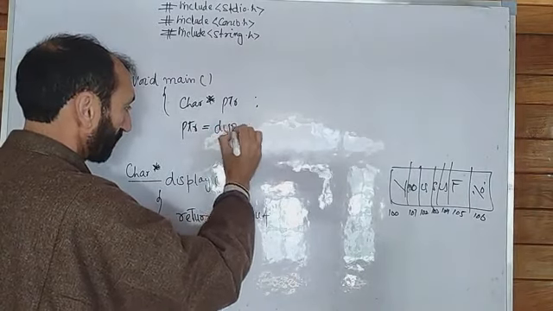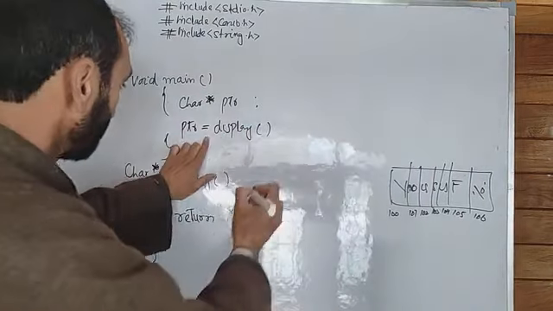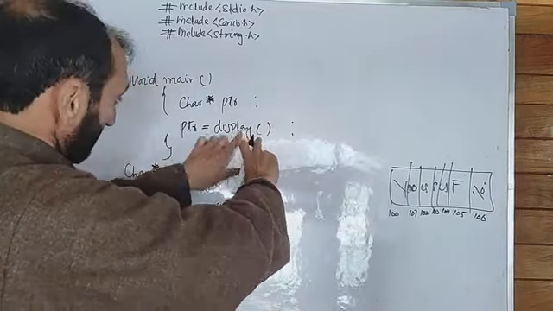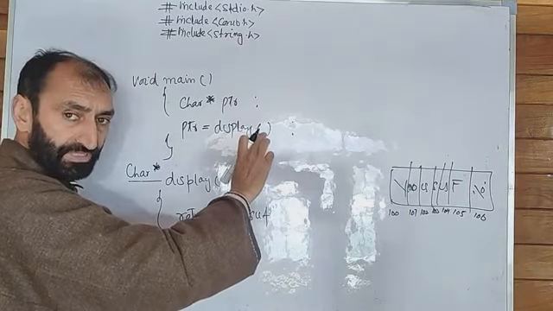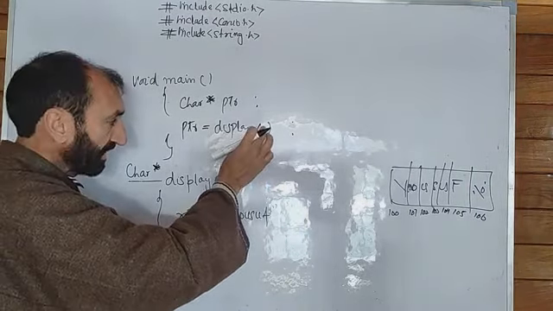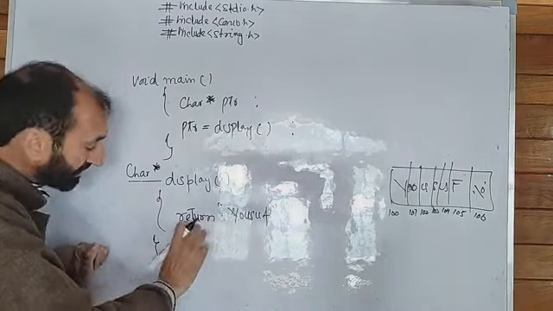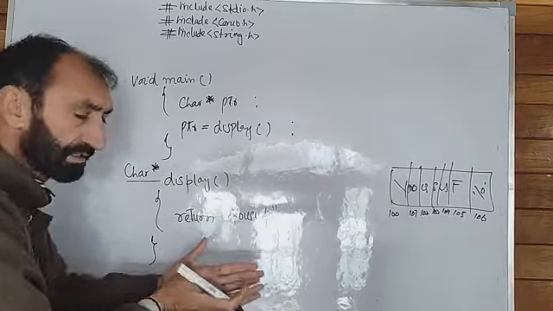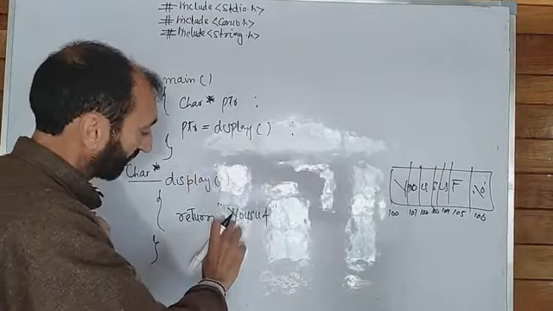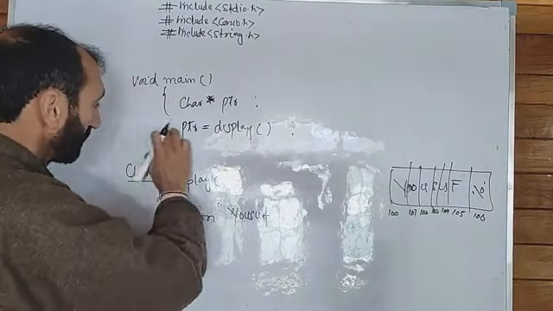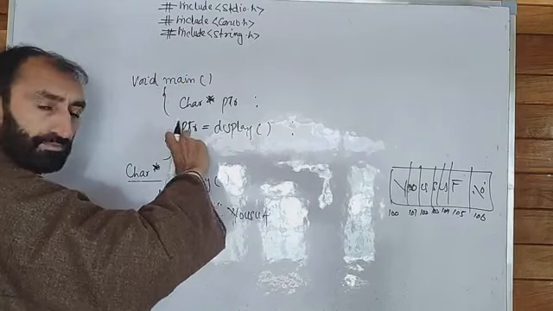And here we are going to call the display function. The display function is called with no arguments. We do not pass any argument, but the function returns the address of the first byte, that is 100, to the main function, and here it is going to be stored in PTR.